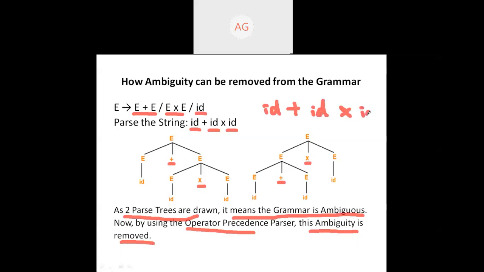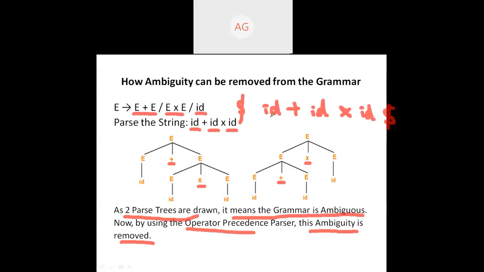According to the first step, we need to write dollar at the beginning and at the end of the string, and after that we need to give the precedences between every terminal.